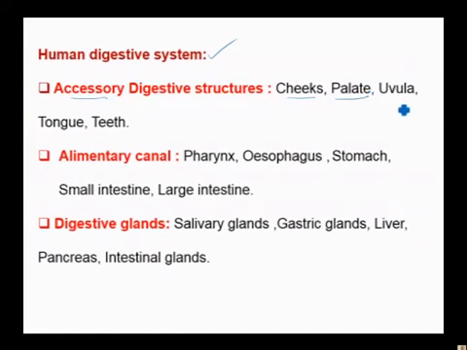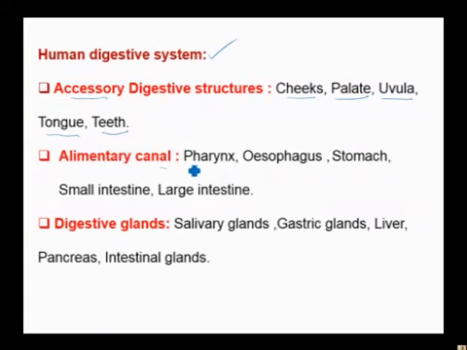Palate is the roof of the buccal cavity. The uvula is a small muscular structure which helps during the swallowing process. Tongue and teeth.